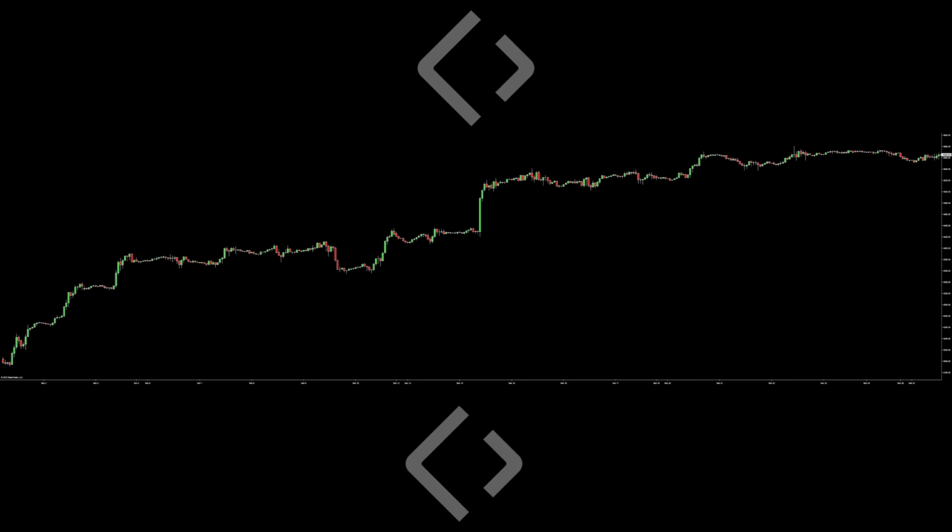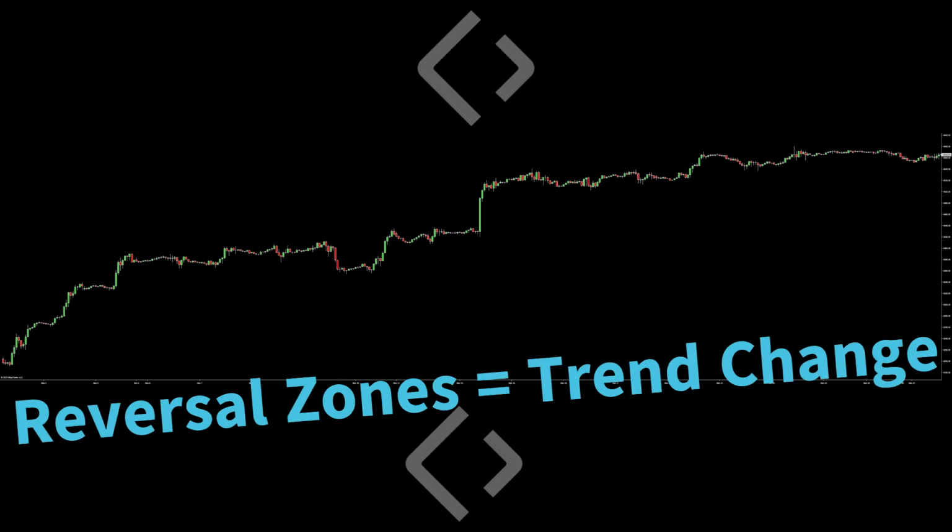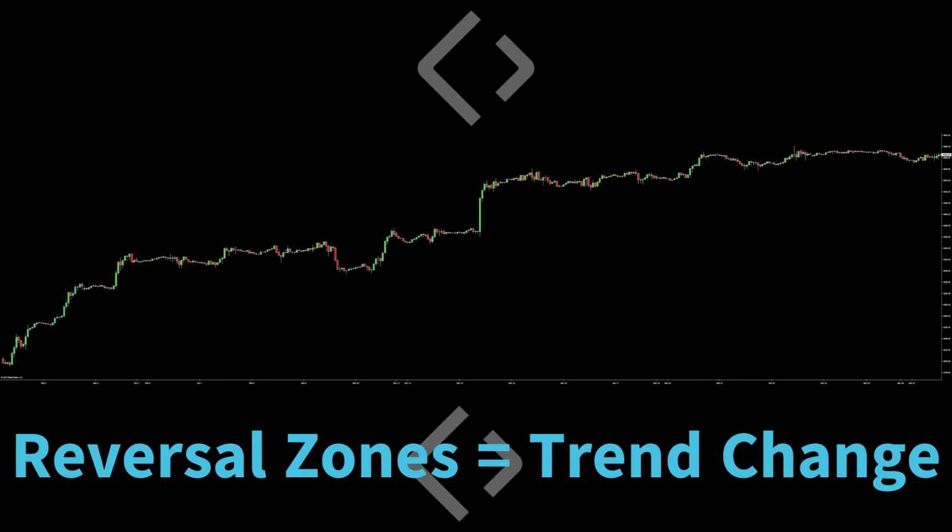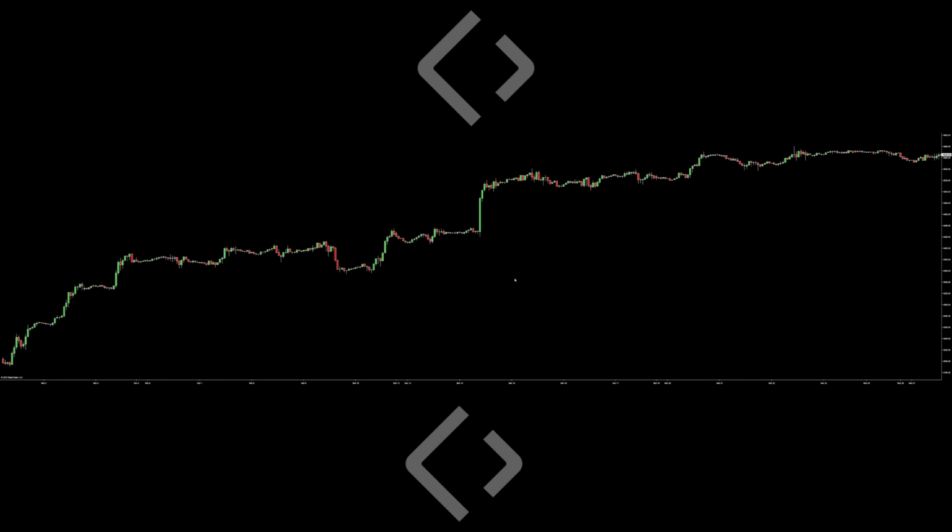So reversal zones, again, are the areas you want to mark out where the trend changes. And so let me show you an example of that. With the reversal zone, you want to look from higher time frames. What I like to use is the 1 hour and the 5 minute, and I will place my entries on the 1 minute.